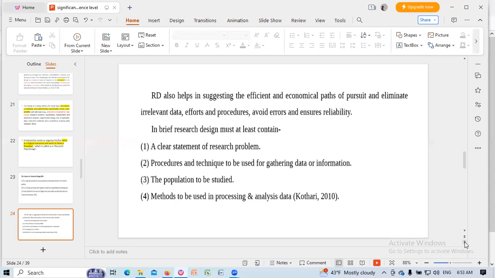In brief, it must at least contain your research problem, your research question, your procedure, techniques, your sample size, and methods to be used for the data analysis.